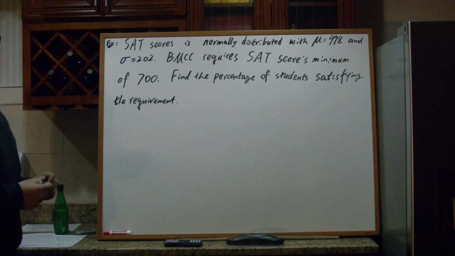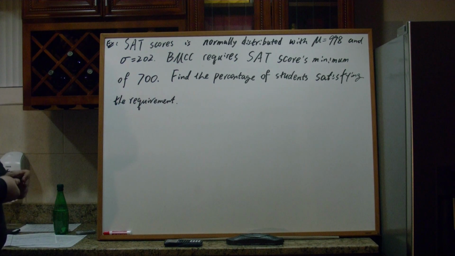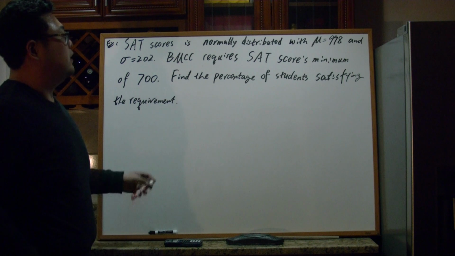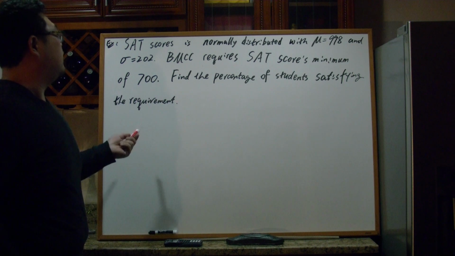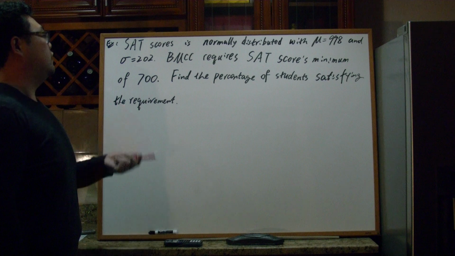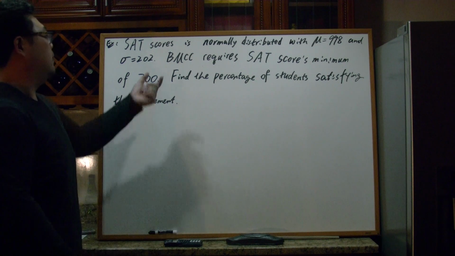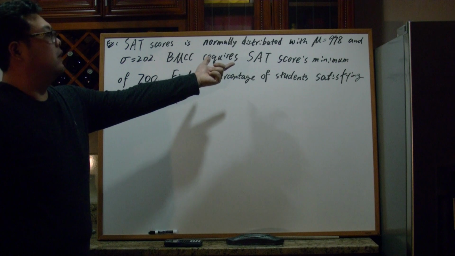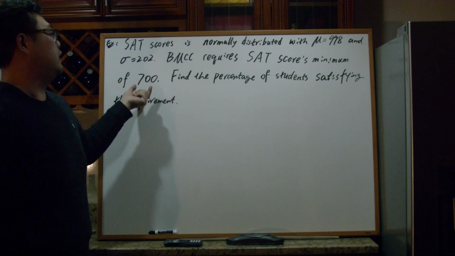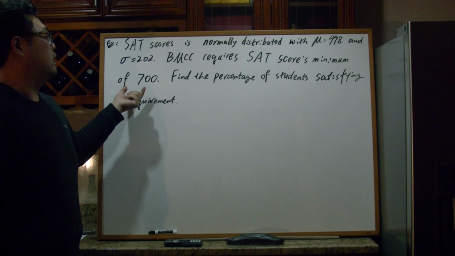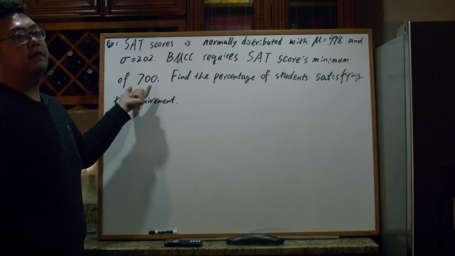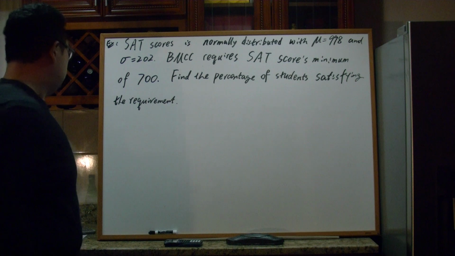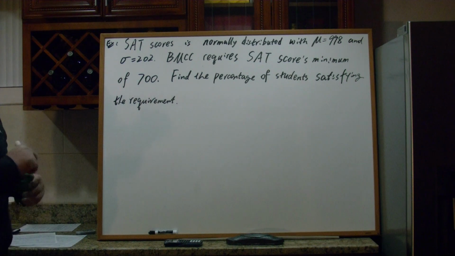Right, so for the next question, the SAT score is normally distributed with a mean of 998 and a standard deviation of 202. A school called BMCC requires an SAT score of a minimum of 700, which means if your score is 700 or more, you're accepted by the school.